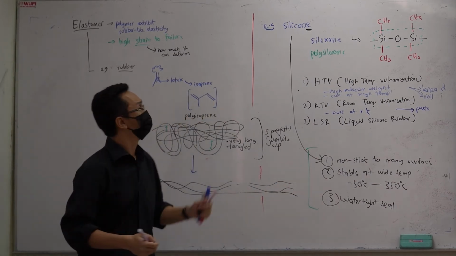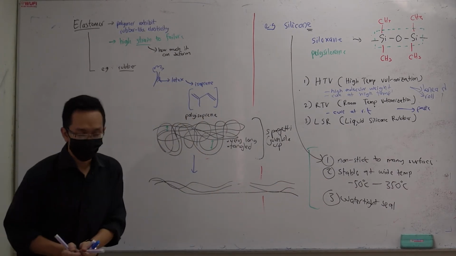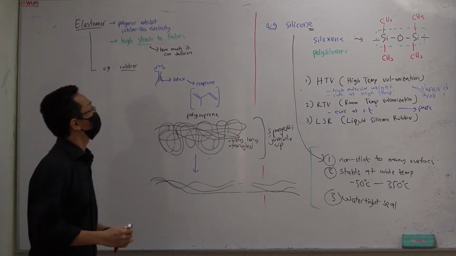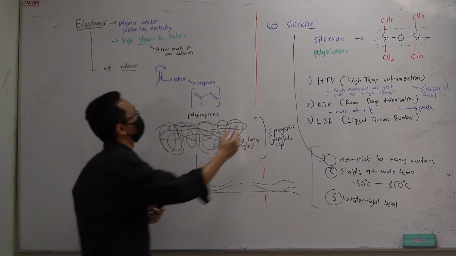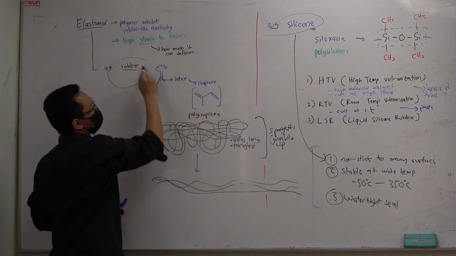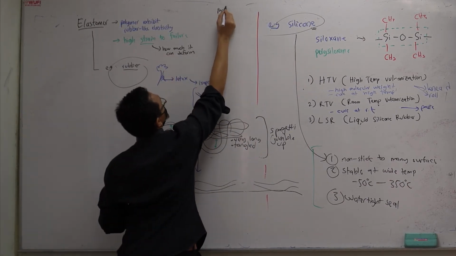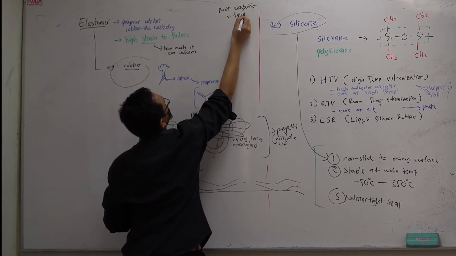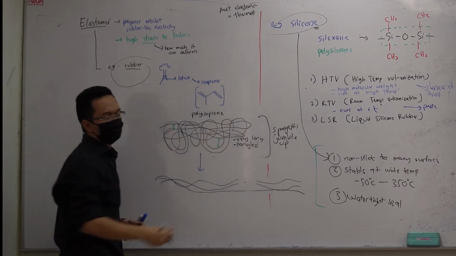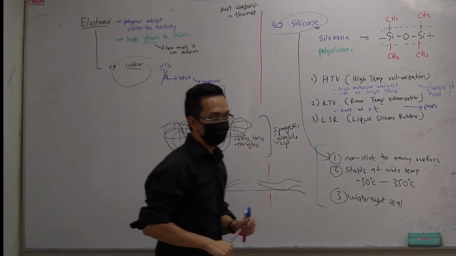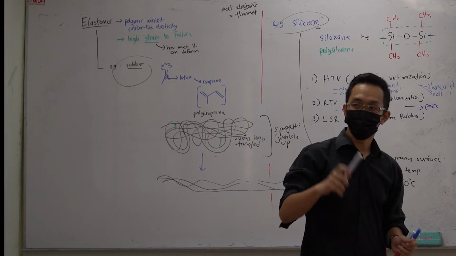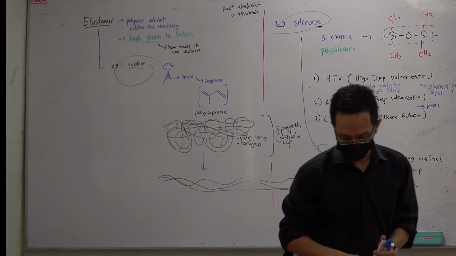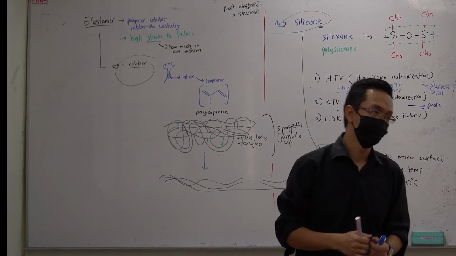And silicone is an elastomer, another example of an elastomer. Most elastomers, rubber and silicone, are thermoset. The majority of elastomers that you find are thermoset.